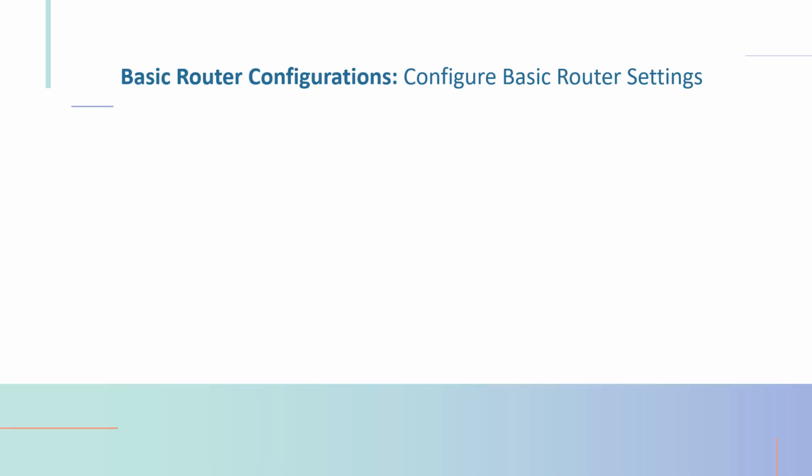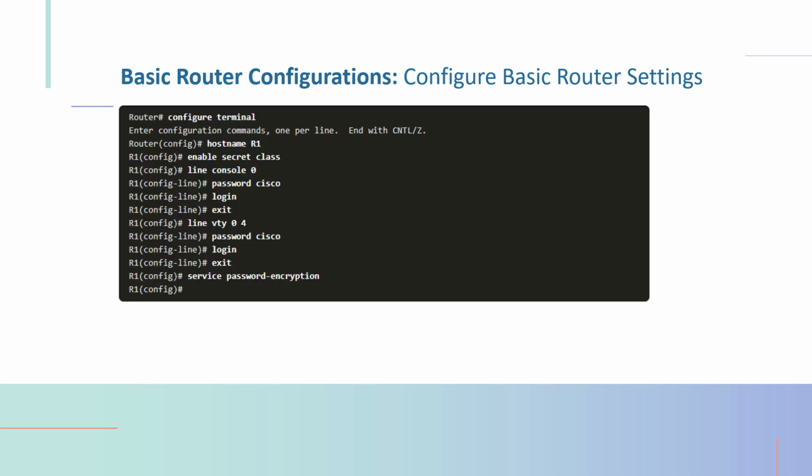First of all, we will configure basic router settings. Cisco routers and Cisco switches have many similarities. They support a similar operating system model, similar command structure, and many of the same commands. Here we will see how to configure the hostname of the router and the passwords, as shown here.